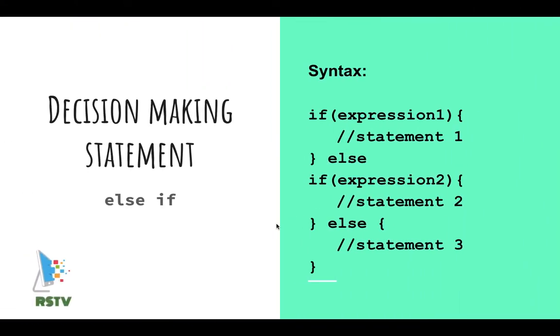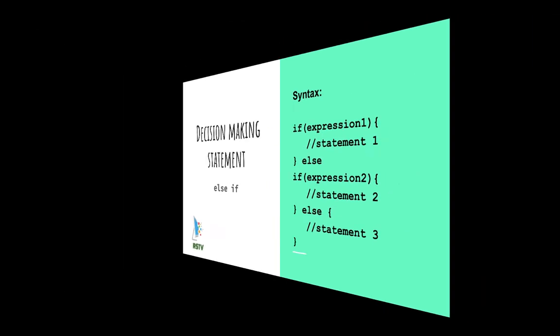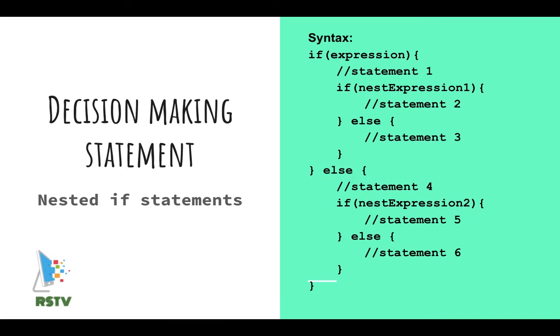Okay, so now we'll check nested ifs, another decision making statement. So how do nested if statements work? See the syntax. A normal if and else condition inside of an if or else. So we'll use one more if else.